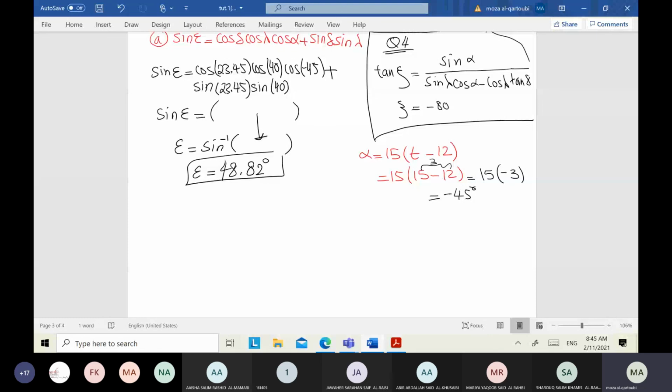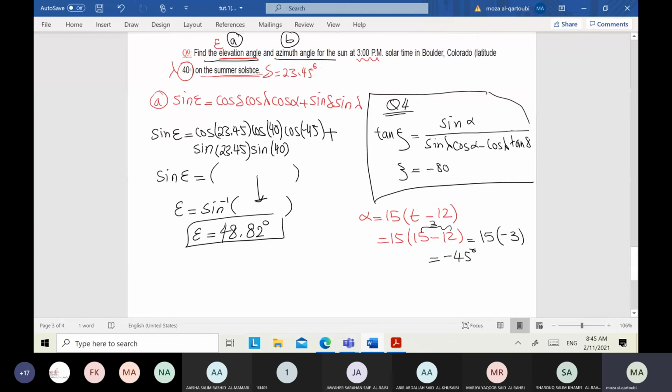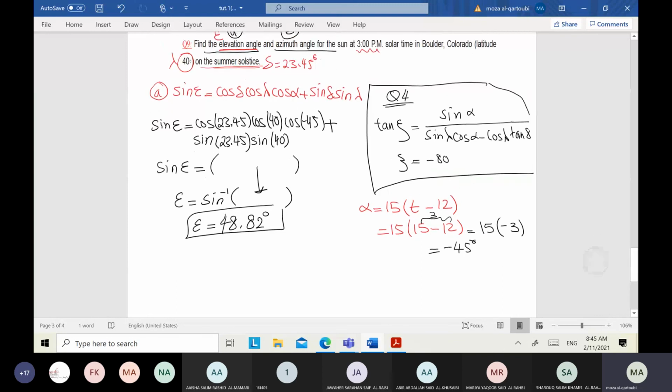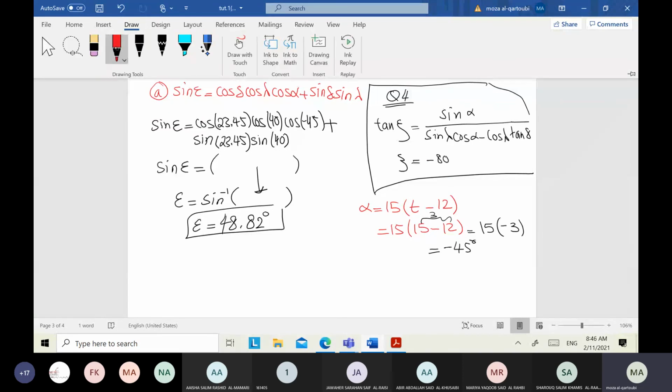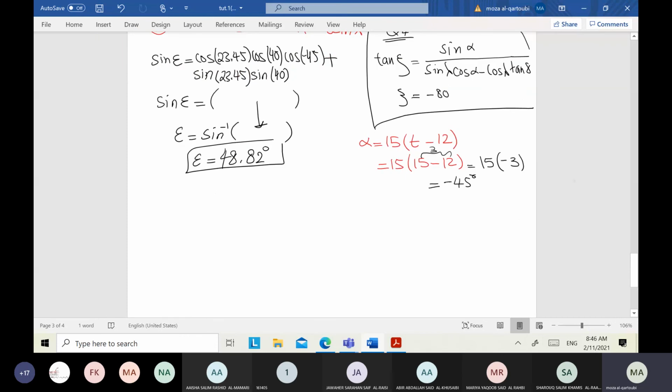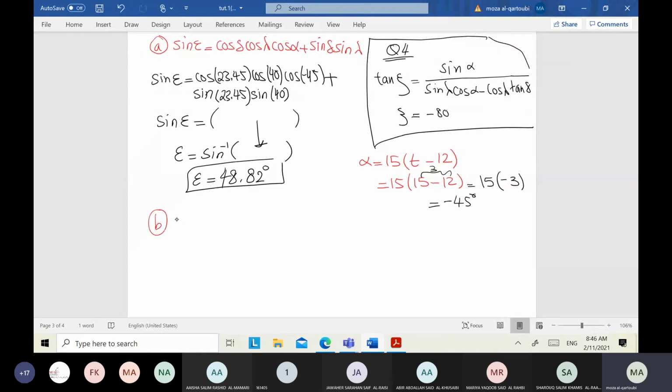Now the second part, B. We need to find the azimuth angle, not using the same rule we used before in question number 4. So I will give you another rule using epsilon. In part B, we need to find the azimuth angle zeta.